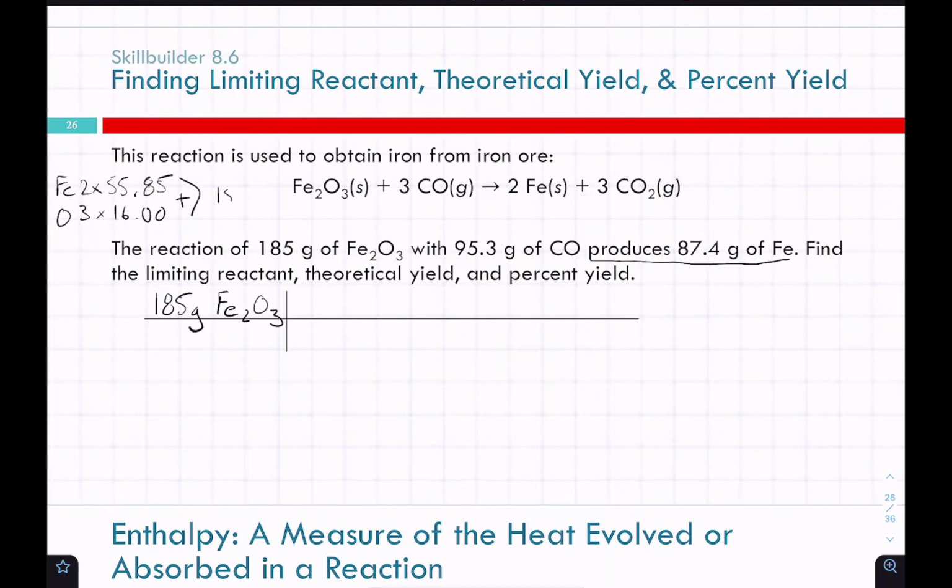That's going to be 159.7. So 159.7 grams of iron oxide is one mole of iron oxide.